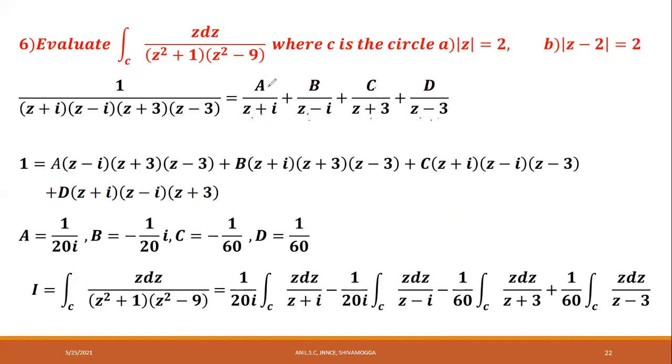You get 1 is equal to a into z minus I, z plus 3, z minus 3 plus b into z plus I, z plus 3, z minus 3 plus c into z plus I, z minus I, z minus 3 plus d into z plus I, z minus I, z plus 3. You can directly write this: leave the denominator of each fraction and multiply the remaining factors.